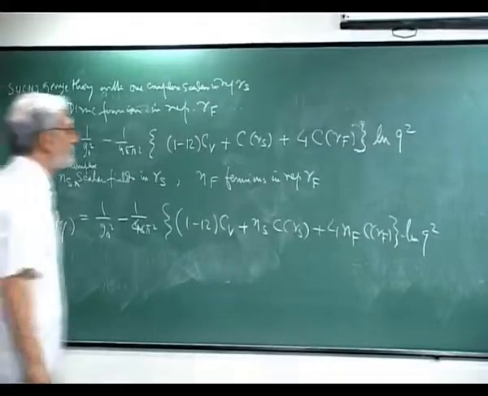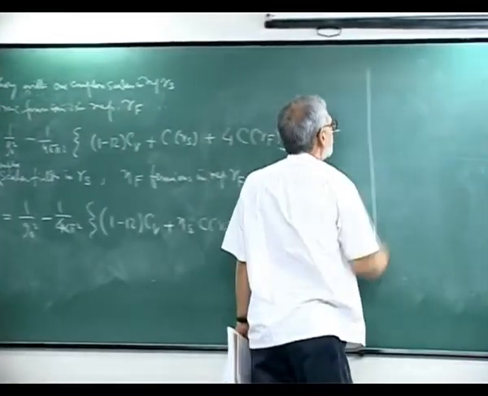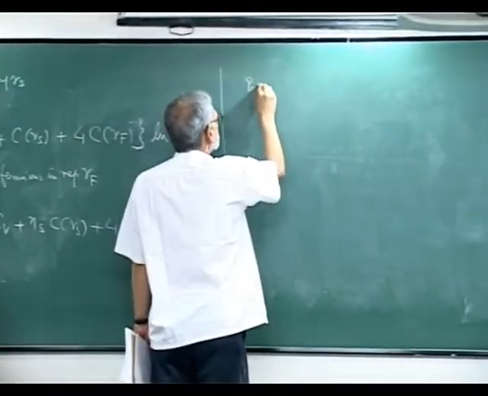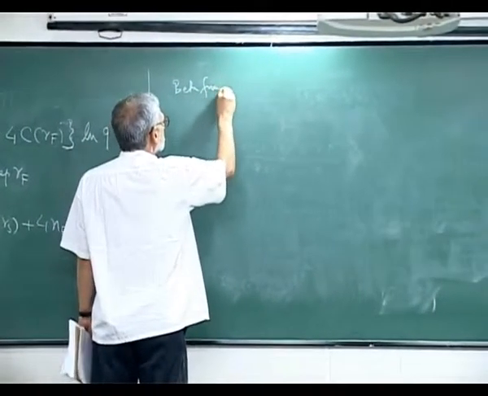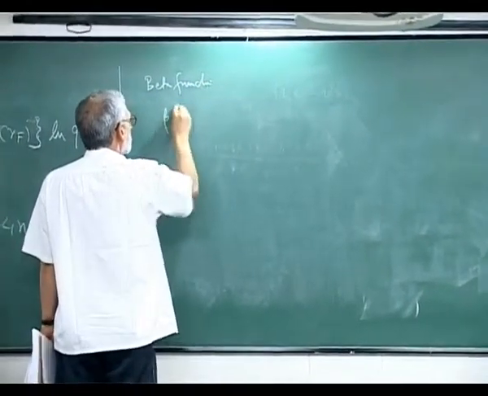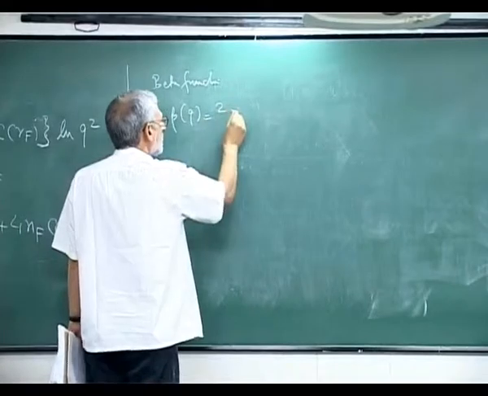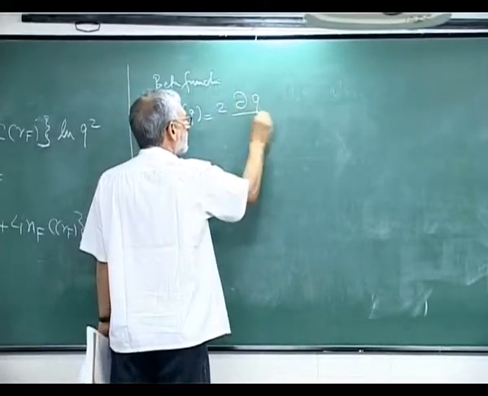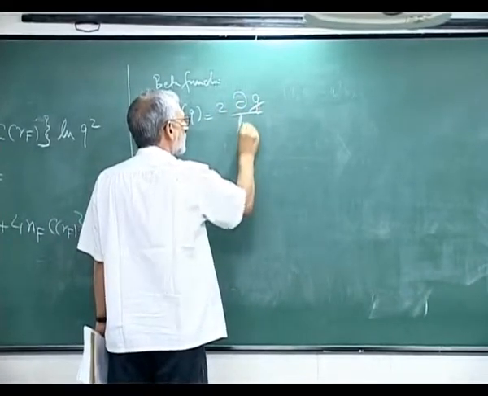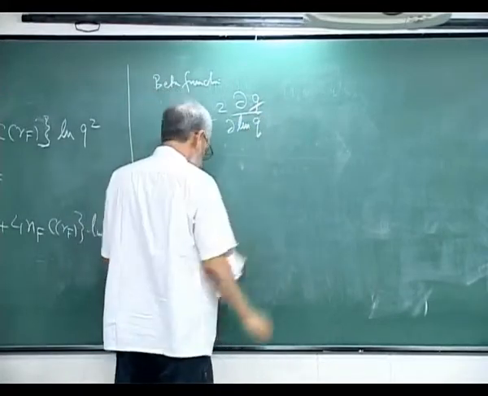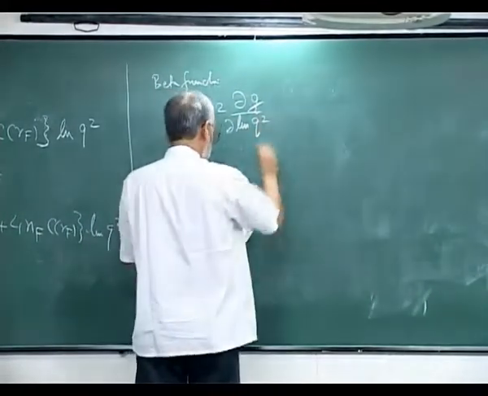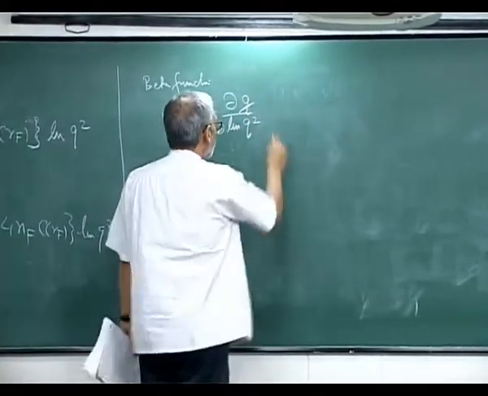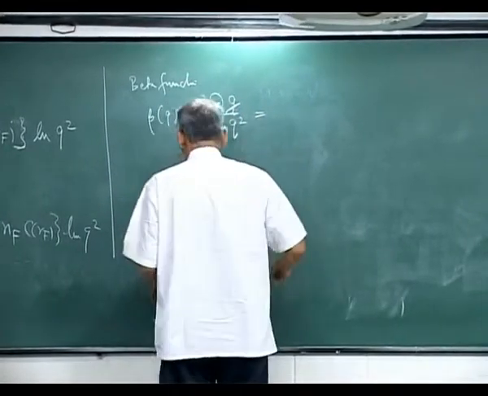And the beta function was defined as beta of g as twice the derivative of g with respect to log q, or log q square. And from there you can work out what it is.